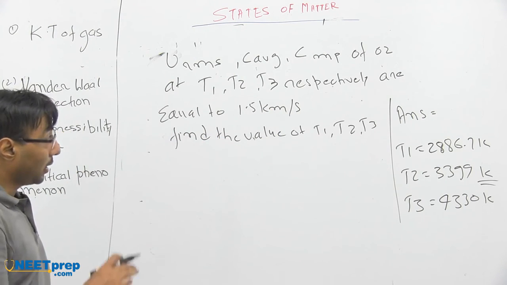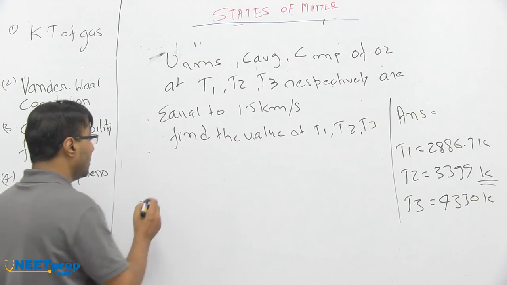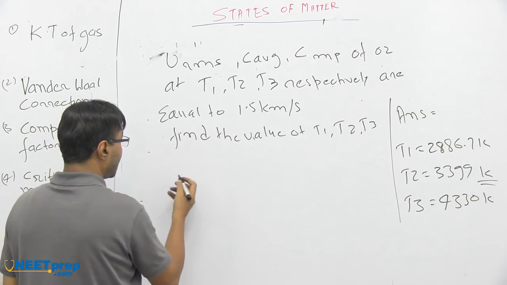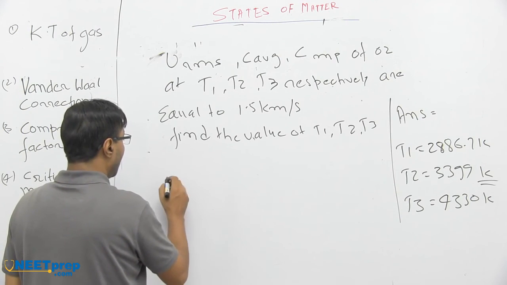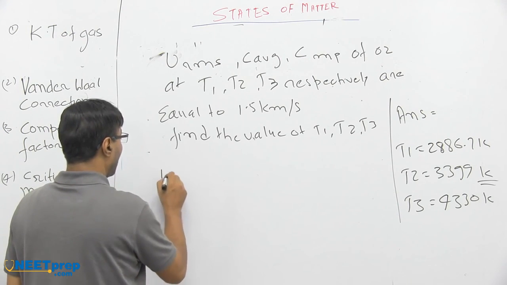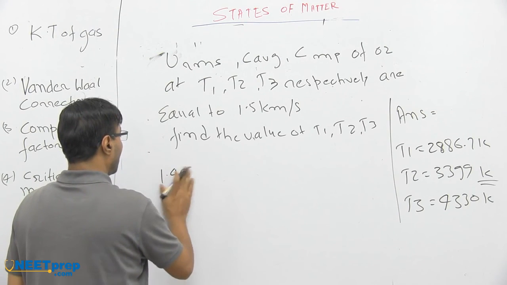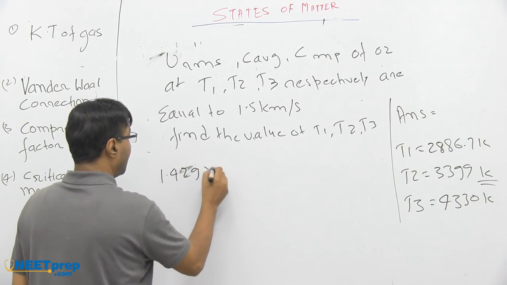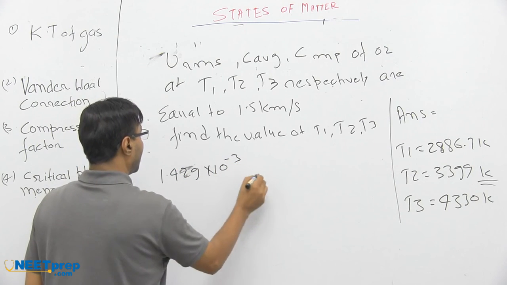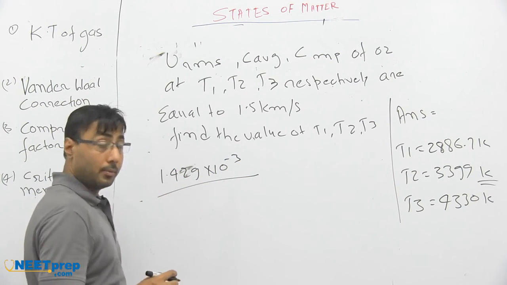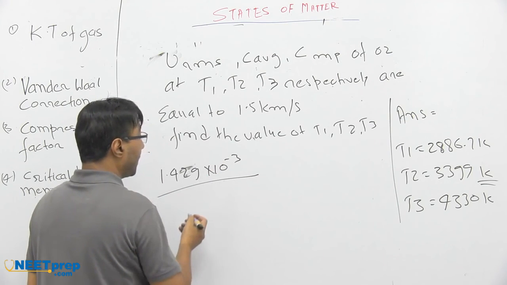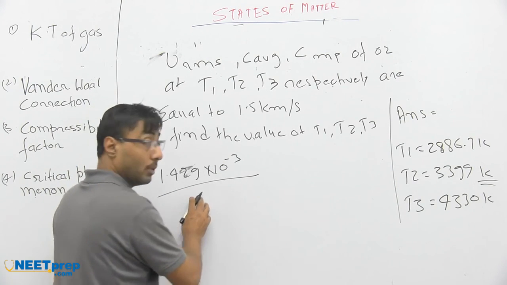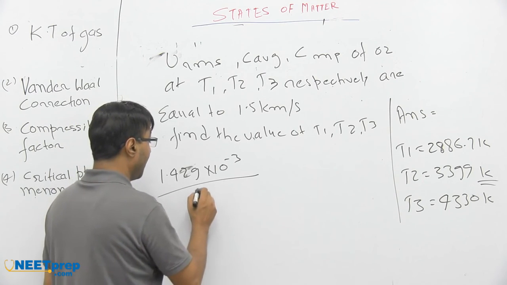I am telling you in the last problem also how we converted this gram per liter into kg per meter cube. It was 1.429 in gram, so we multiplied by 10 raised to power minus 3, and we have to convert the liter into meter cube.